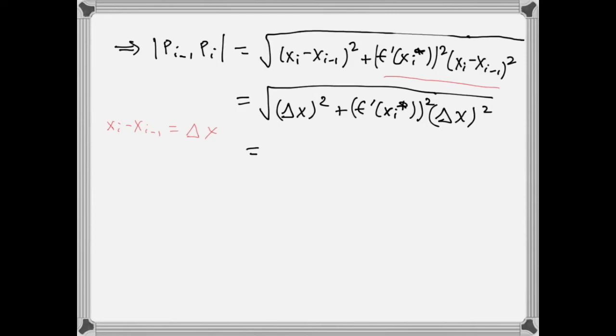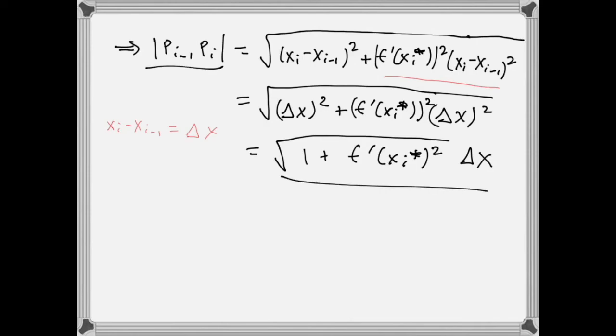So can't I factor a delta x squared out and pull it out of the radical? And that's actually going to become, so what's left after I pull that out of the radical? I just have a 1 plus f prime of x_i star squared. And then I have a delta x that is outside of the radical now. So remember, all of this is really this. So I have simplified it as much as I could.